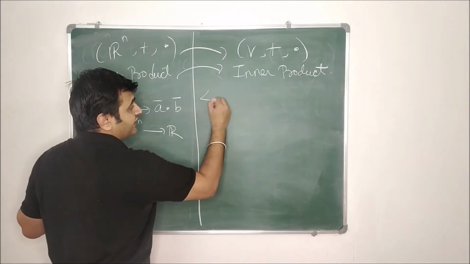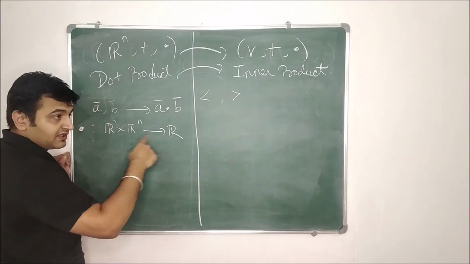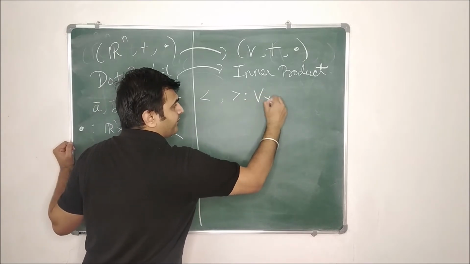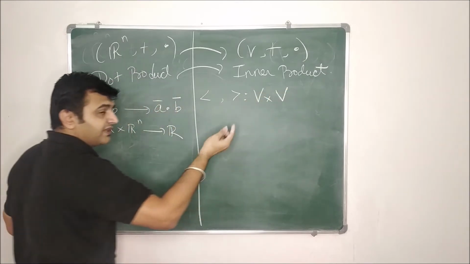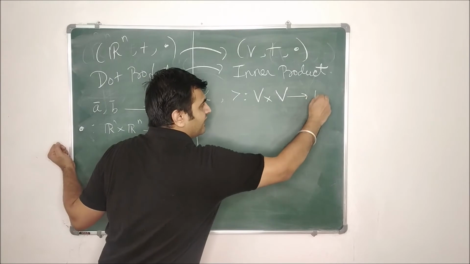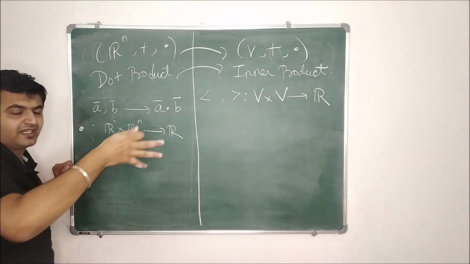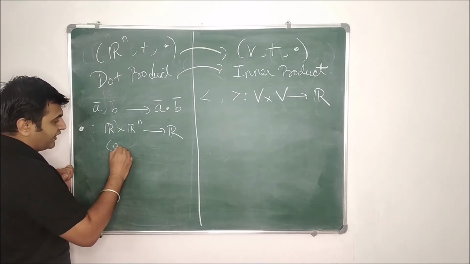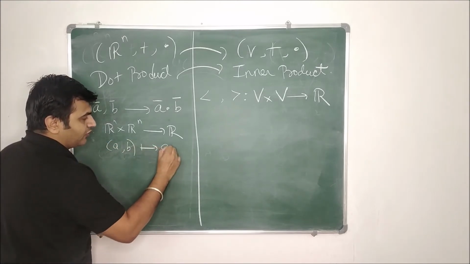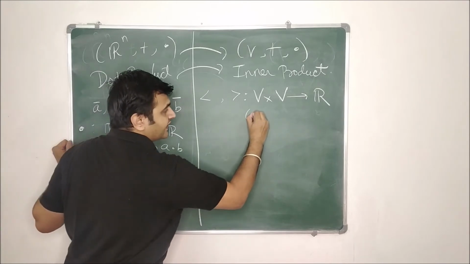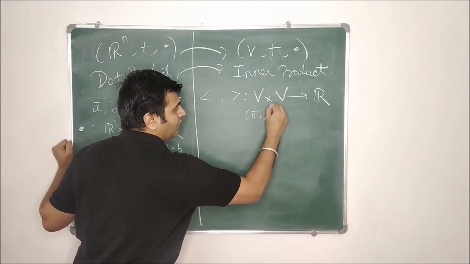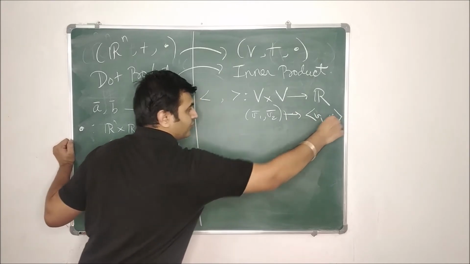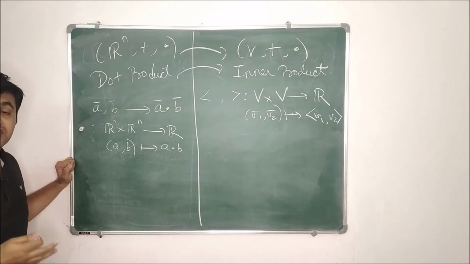Therefore we define the inner product, which takes something comma something. That's why we use this notation. It takes two vectors from a vector space, so let me write V cross V, and since I am playing with a real vector space, let me write the output as a real number. Here you take A comma B, and the output is A dot B. Here you take two vectors, say V1 and V2, and the output is the inner product of V1 comma V2, which is nothing but a real number.